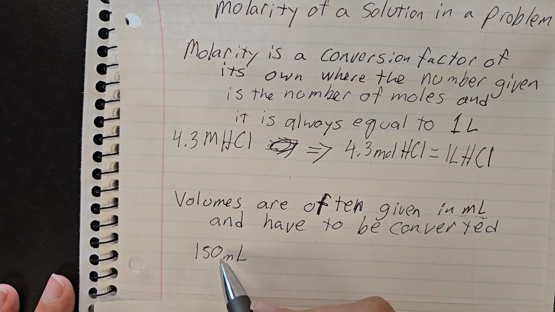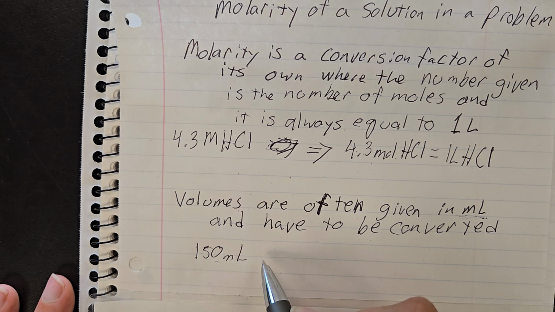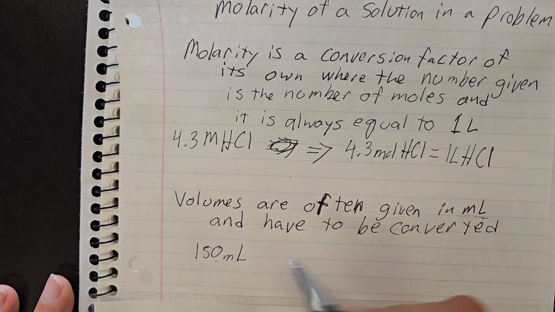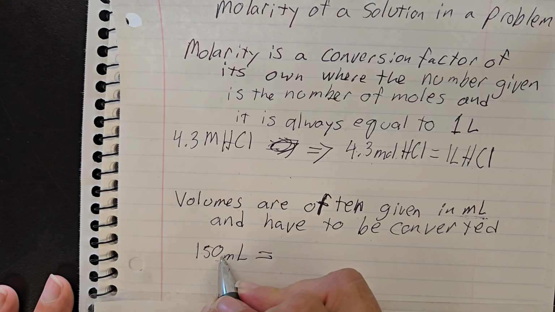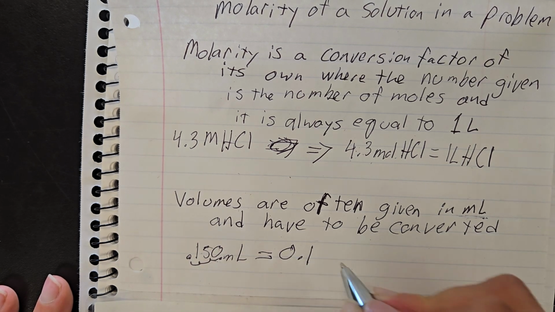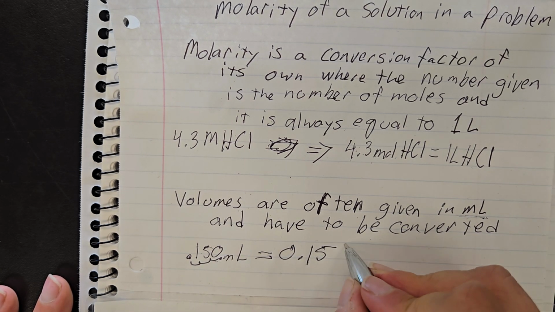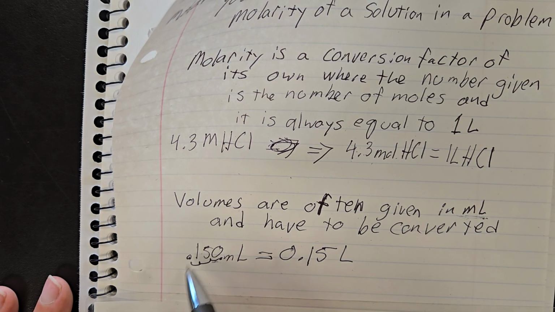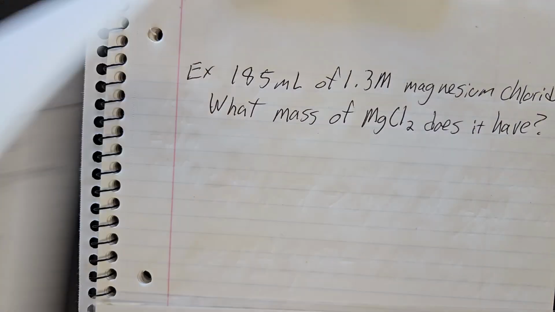Going 3 spaces to make 150,000 does not make sense, because we're not going to have 150,000 liters, so we go the other way. The decimal goes right here, 1, 2, 3, and we end up with 0.15 liters. Watch your significant figures. That 0 wasn't significant until I drew the decimal point in. We scooch it over.